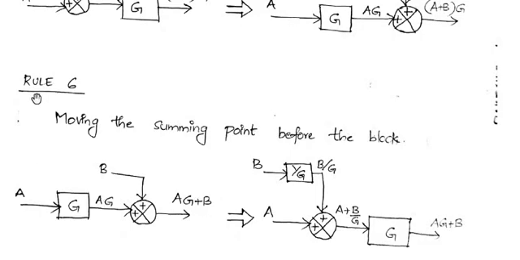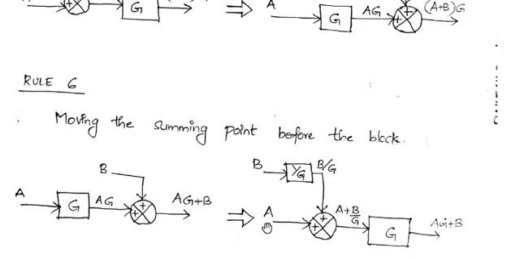Okay, so now we are trying to apply this rule 6 to this particular system. So then we have to shift this summing point before the block, but the input should be A over here, right, and the final output should be AG plus B, right? Okay, so here we have shifted the summing point, and we are providing A as one of the inputs to the summing point, and the output of the summing point is provided to the block G, right?